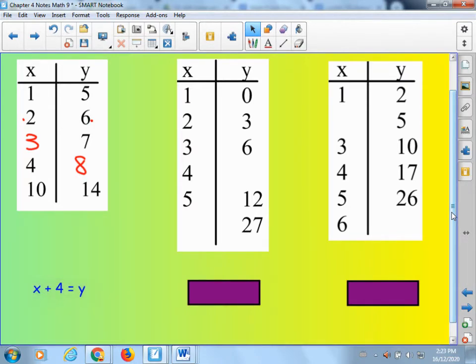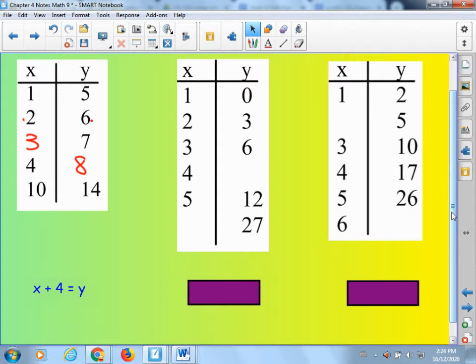If I look at the second example, 1 to get to 0 would be like minus 1, but 2 minus 1 does not give me 3, it would give me 1, so I can't just subtract. I can multiply by 0, but that doesn't work. I could try a division, but that doesn't work. So I know that it has to be a more than one-step process.